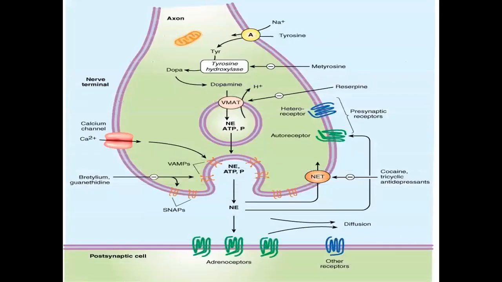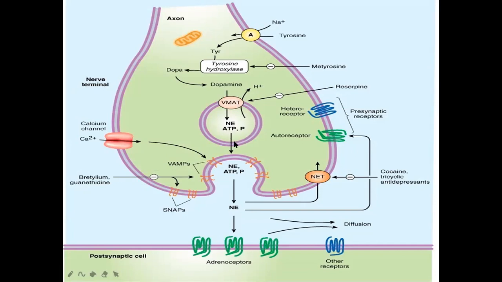If you look at this slide, norepinephrine and the others are synthesized from tyrosine. Tyrosine in the presence of tyrosine hydroxylase is converted to DOPA. DOPA decarboxylase converts DOPA to dopamine, and dopamine is transported by VMAT and stored in the vesicles as norepinephrine, along with ATP and phosphate.